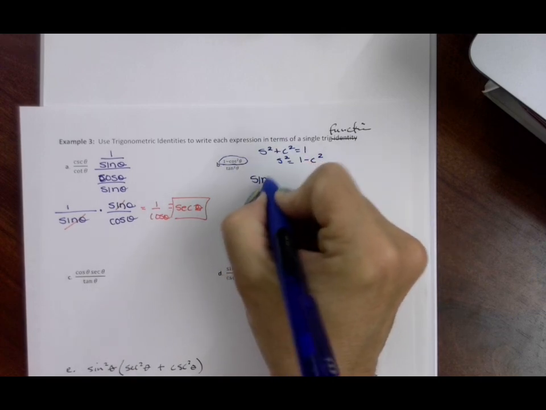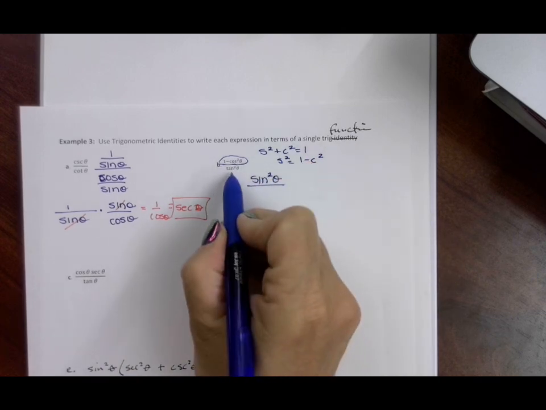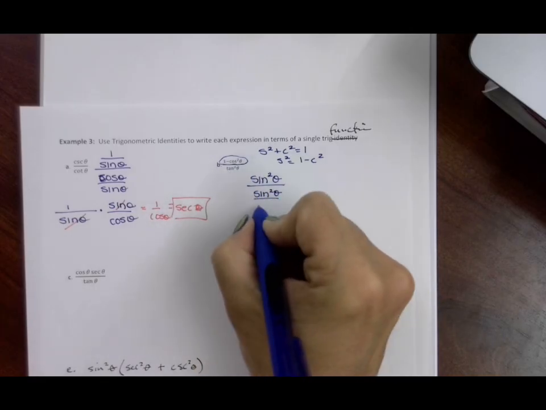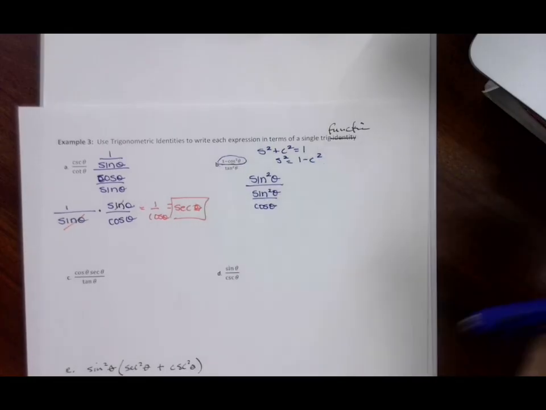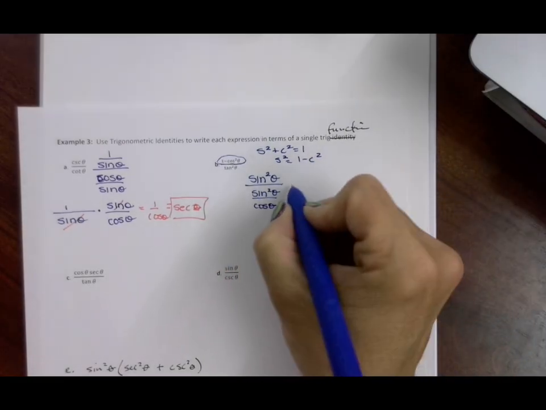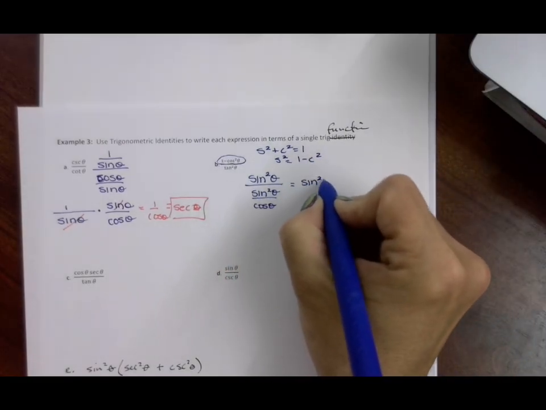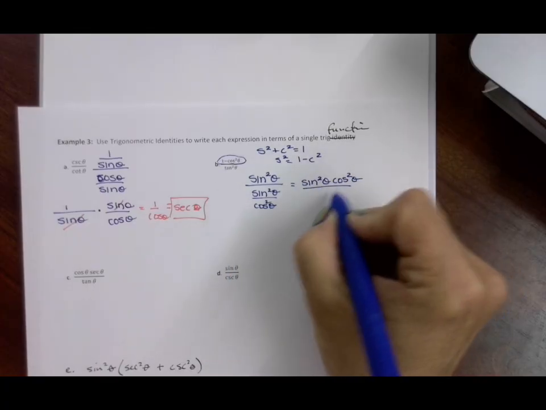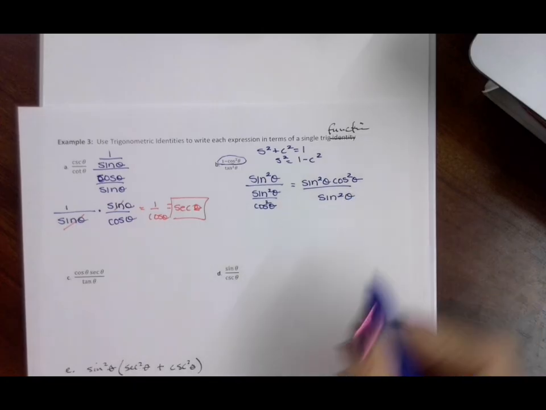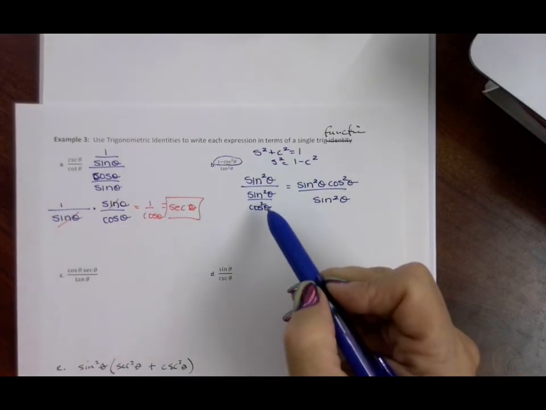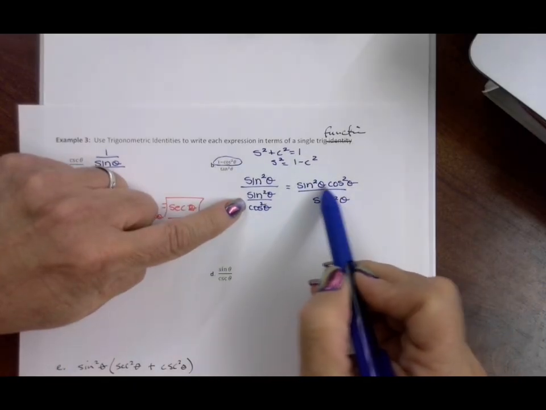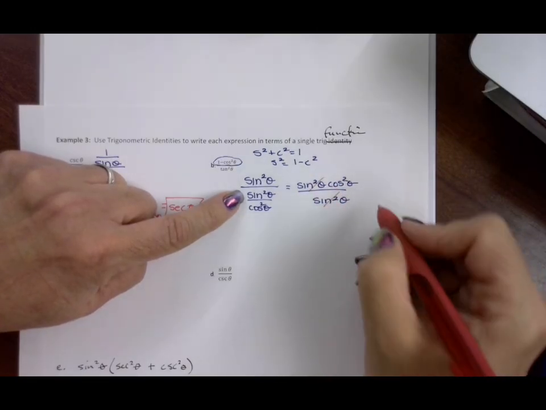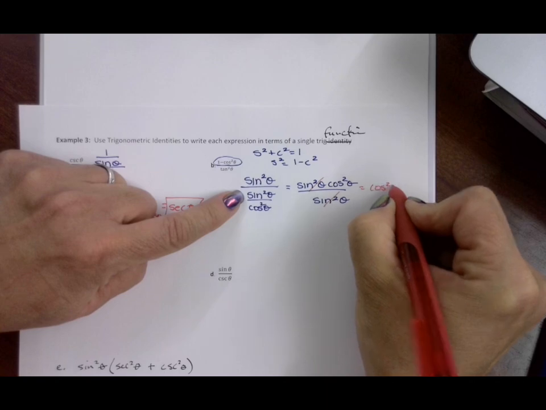So I have sine squared divided by, I've got to get rid of my tangent, so my tangent becomes sine squared over cosine squared. Now, because this is all division, this is the same as sine squared times cosine squared all over sine squared. Right? So this time when I flipped it, I just put this together, made this the denominator. My sine squareds are going to cancel, so the whole thing simplifies to cosine squared.